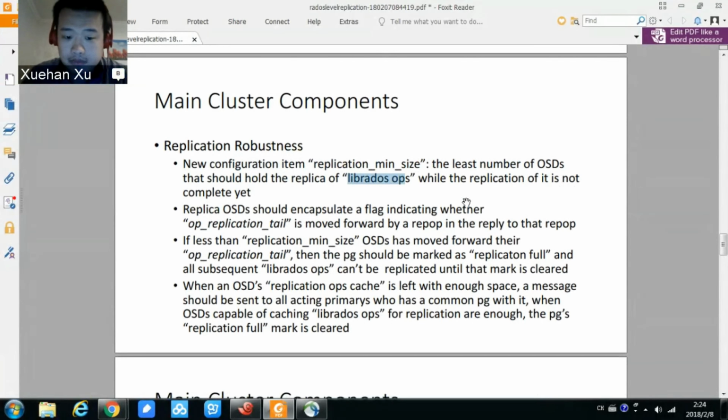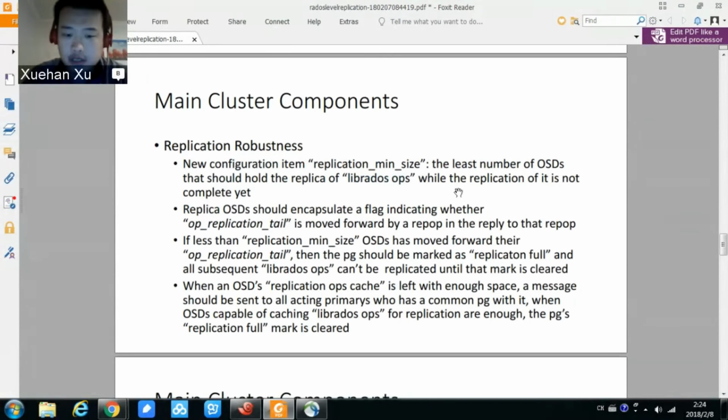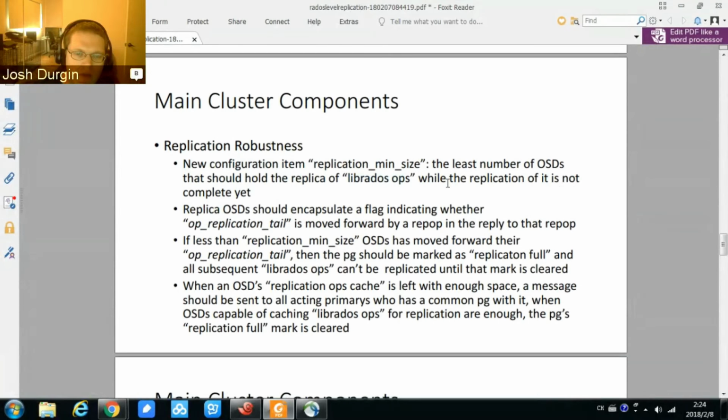Why would that be different from the current pool's min size? Sorry? Why would that be different from the current pool min size property?